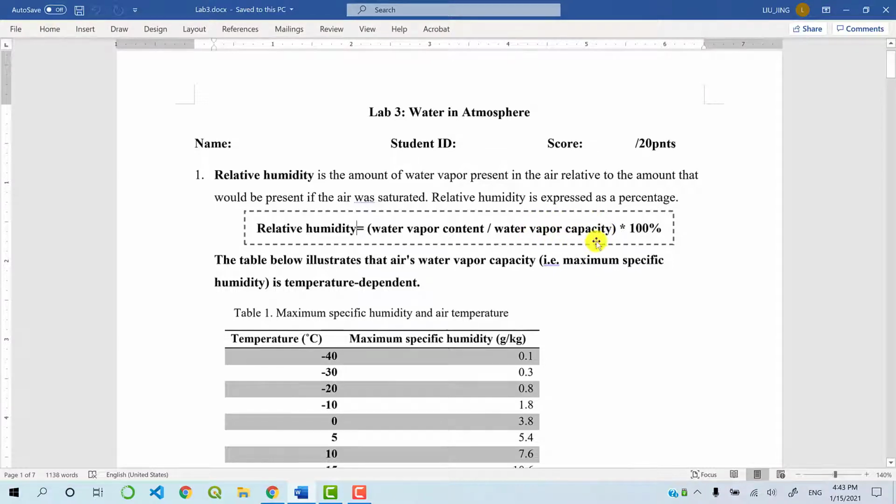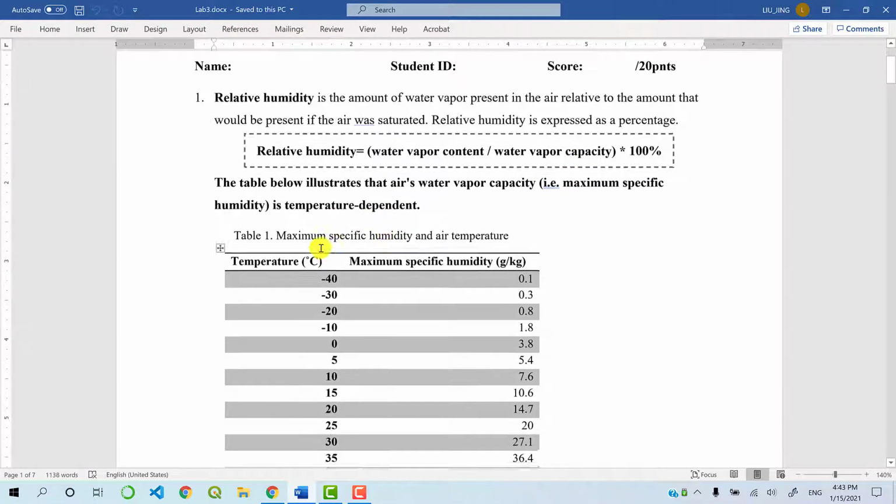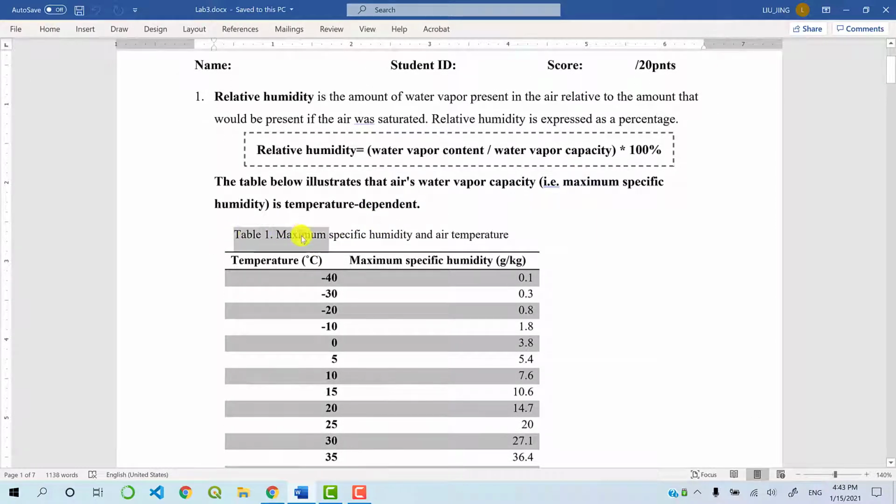This capacity is directly determined by temperature, so you're going to use Table 1 to look it up if I give you a certain temperature.